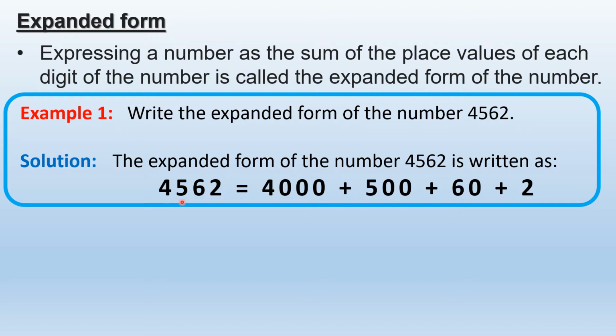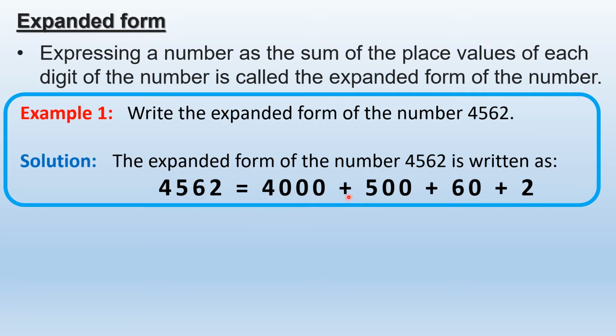Therefore, in the expanded form of this number, since 4 is in 1000's place, the term corresponding to the digit 4 is 4000.